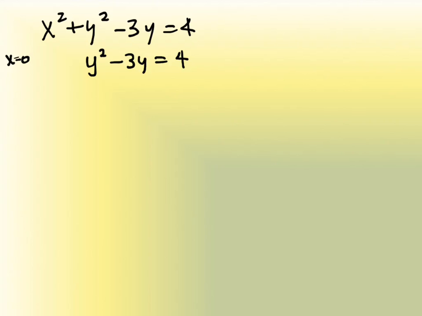Then what do I do? Can't factor out a y. I mean, we can, it just doesn't give us an answer. What do you have to do to solve this equation? Find the y. We need to find the y.